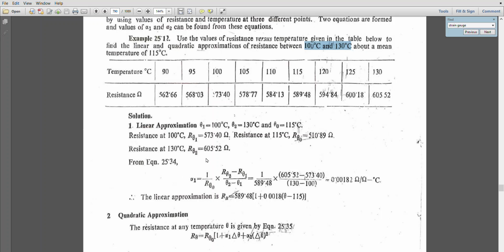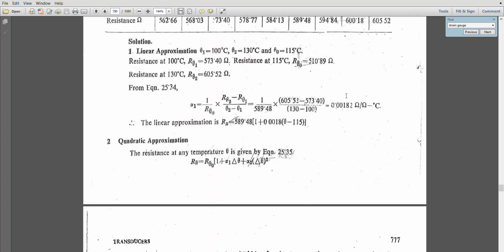Then you substitute in the equation R theta equals R theta 0 into 1 plus alpha 1 into theta minus 115. So you get a linear approximation equation. What is the significance of this equation? For any temperature you give between 90 and 130, you substitute in this and you should get the corresponding resistance. Kindly check it and you can get it.